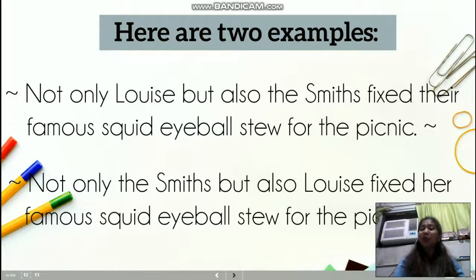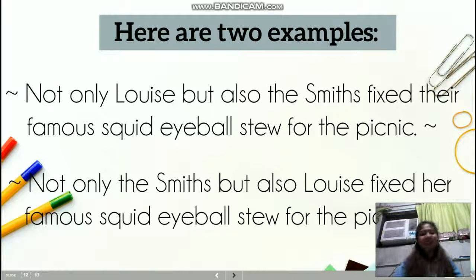Not only Louise but also the Smiths fixed their famous squid eyeballs too for the picnic. Okay, we have two subjects here, Louise and then the Smiths. Which is closer, Louise or the Smiths? Okay, so the correct answer here is the Smiths. That is why we use the pronoun their.